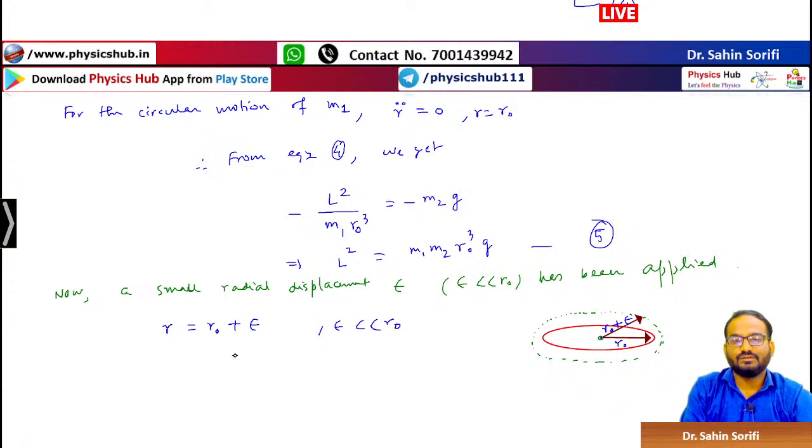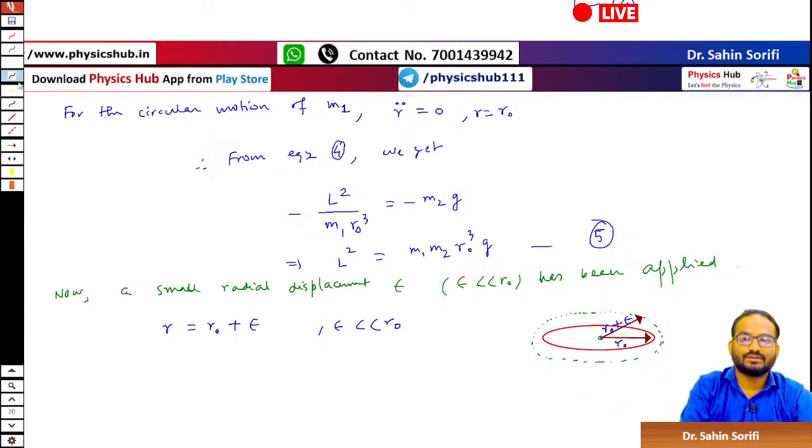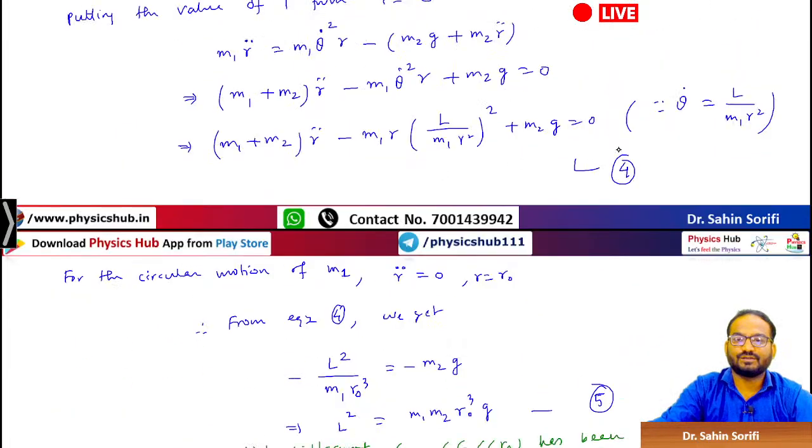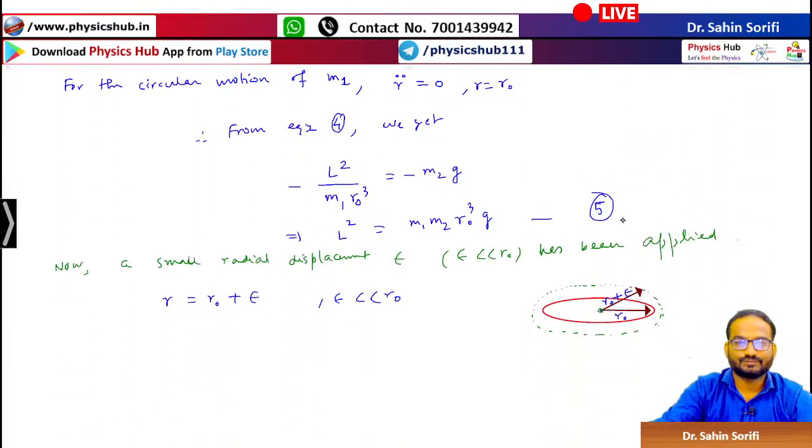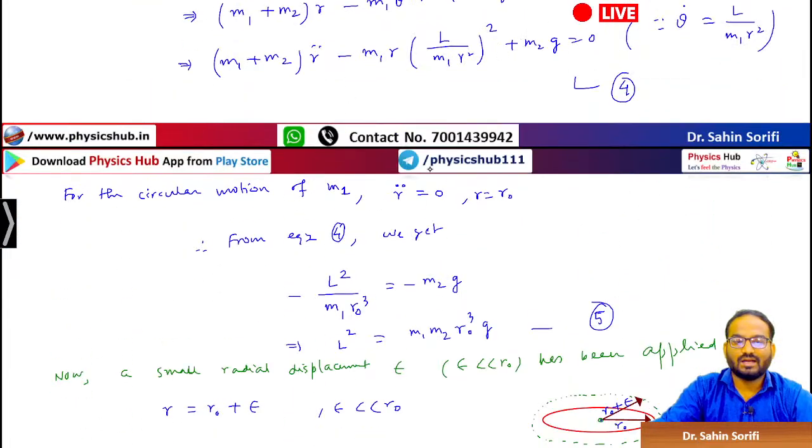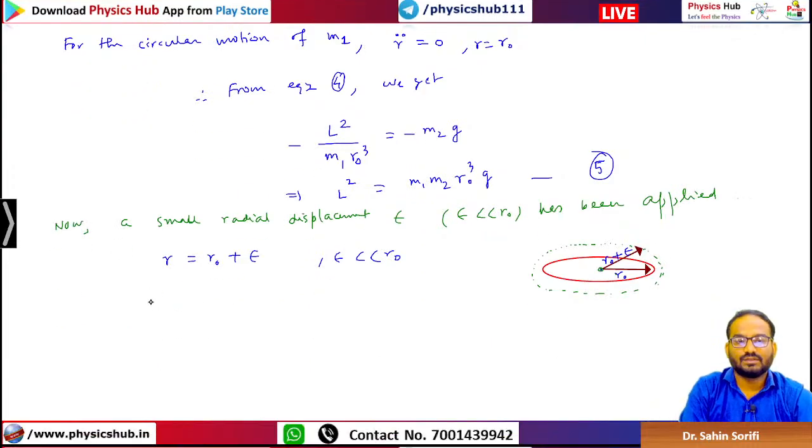And now you just put this value into this equation number 4. What will be r double dot? So if r is equal to r naught plus epsilon, your r dot is equal to epsilon dot. Look, r naught is constant, epsilon is not.